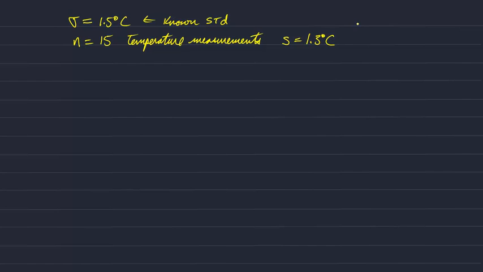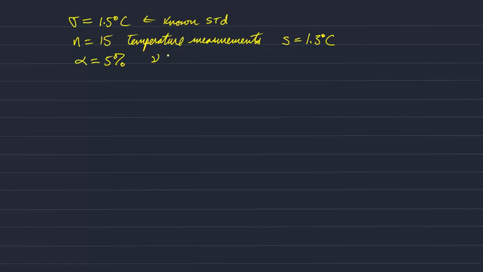So we want to know whether the variance of the temperature from where we've sampled is equal to the variance of the known population. We're going to define alpha, our significance level in this example, as 5%.